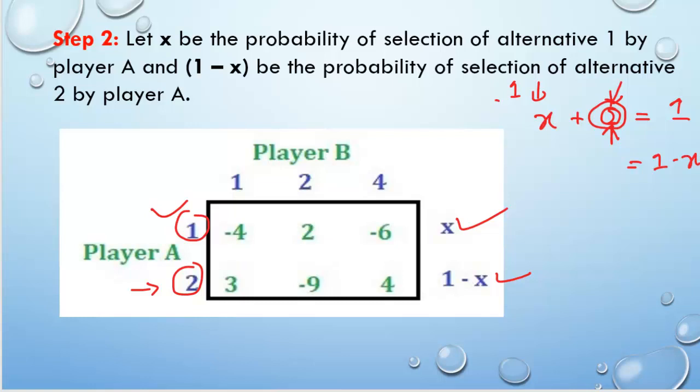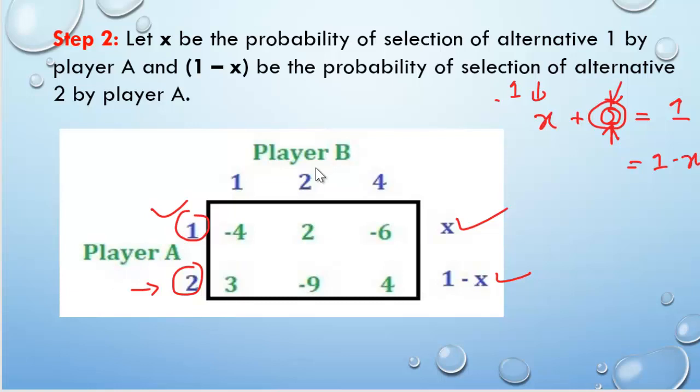So after finding the probability, what are we going to do? We will see what is the probability of B choosing some option, and what is the probability that A will use that. So what will be the function? We'll try to find the expected gain function of player A with respect to all of player B's options. How do we calculate that?